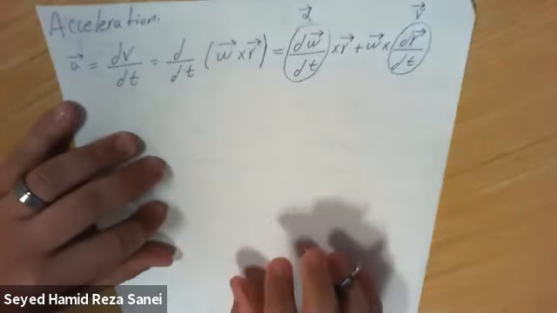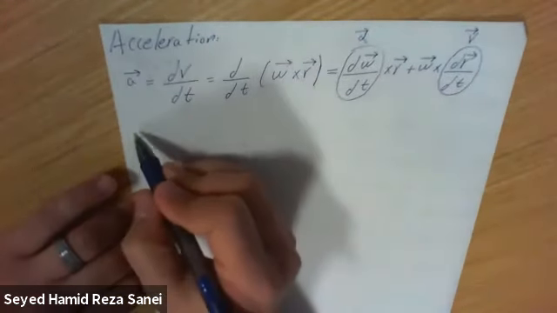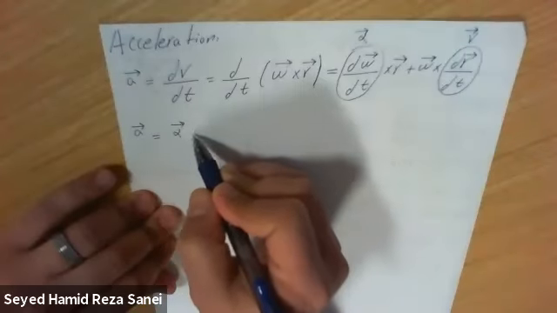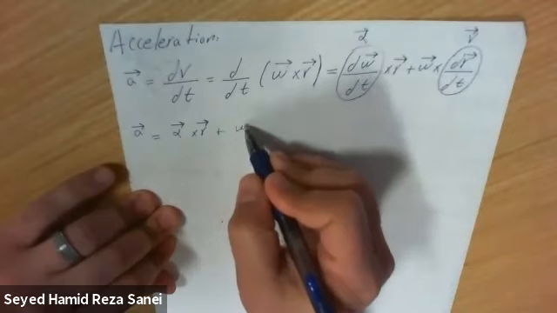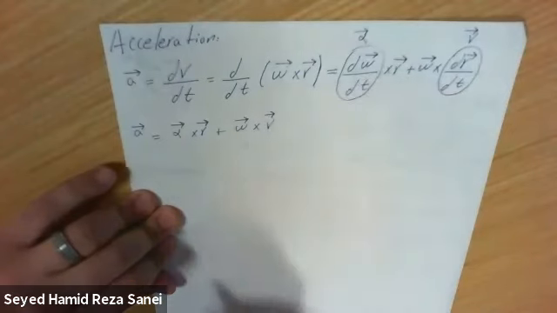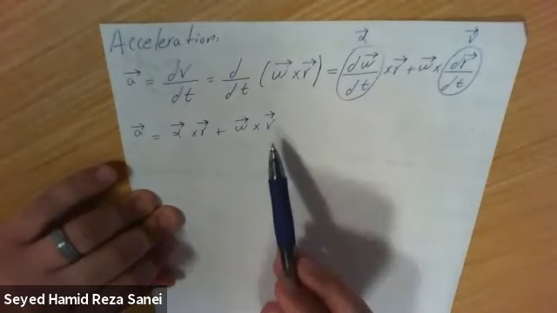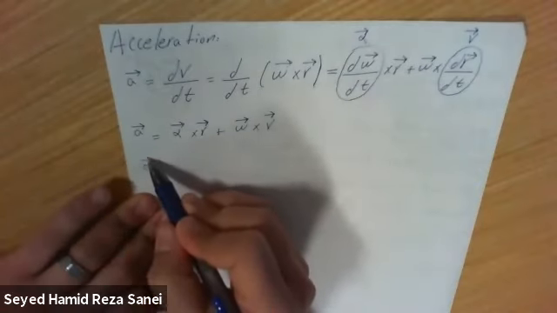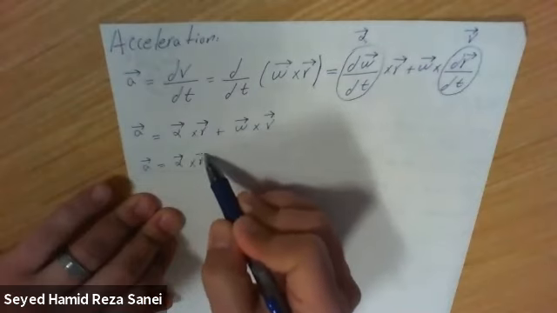So I can simplify my acceleration equation A. I can write alpha cross r plus omega cross v. I can further simplify this equation because I know velocity is omega cross r. So for A, the first component I write as it is, alpha cross r.